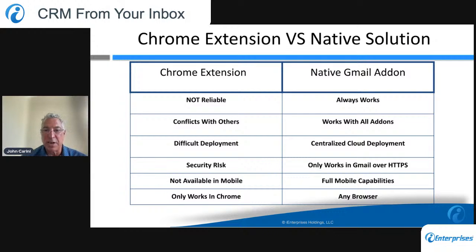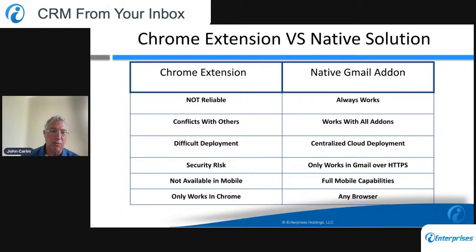Ours, we use a native Gmail add-on, and in Outlook, by the way, we use the most current technology, which is an Outlook add-in, and they just always work. They work well with other add-ons. In the case of Gmail, centralized deployment is available, where you can press a button and push it out. Works over HTTPS, and actually both in Outlook and Gmail, this is an important security feature.